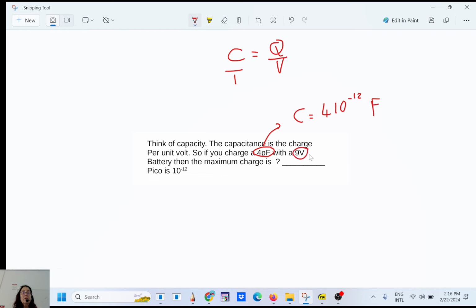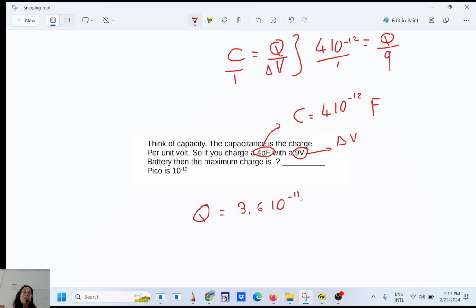You see, this is a volt here, so that will be your delta V. It's your voltage. So you plug it in. 4 times 10 to the negative 12 equals Q over, and delta V is 9. So you cross multiply. So Q is indeed 3.6 times 10 to the negative 11 coulomb.